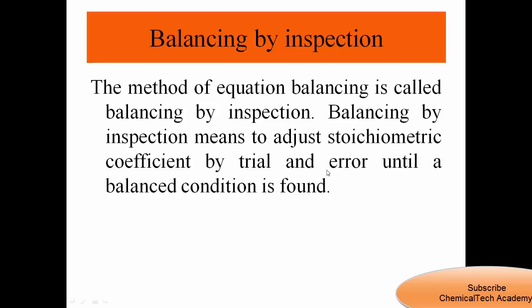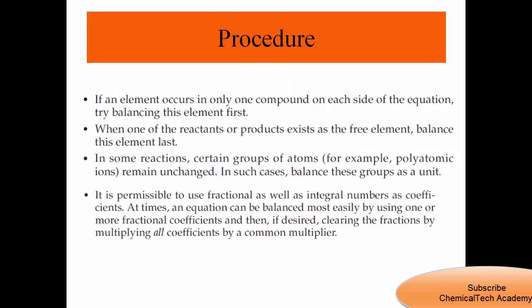So let's see how to balance a chemical equation. So here we have balancing by inspection. The method of equation balancing is called balancing by inspection. Balancing by inspection means to adjust a stoichiometric coefficient by trial and error until a balanced condition is found. So here's the procedure.